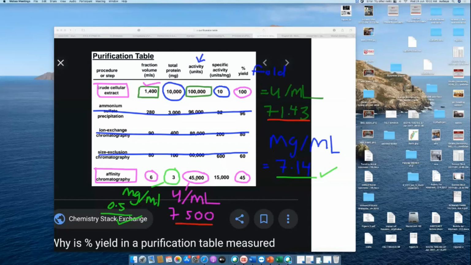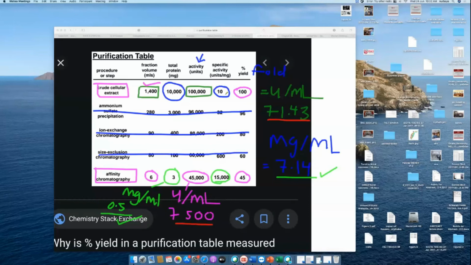So from here, you can calculate the specific activity. For this case, what will be your specific activity? It will be 15,000 units. Let's just try: 7,500 units per ml divided by 0.5 milligram per ml, you still get 15,000 units.